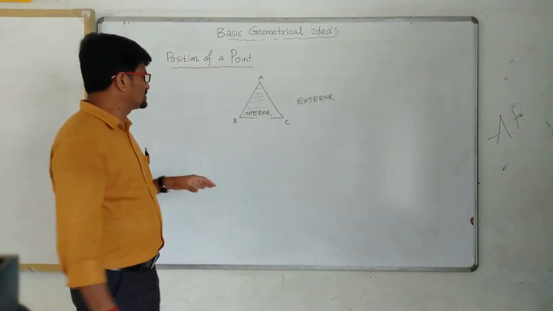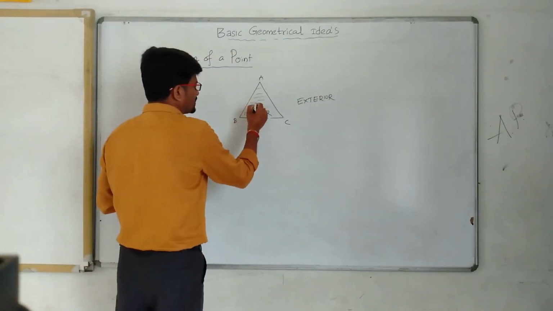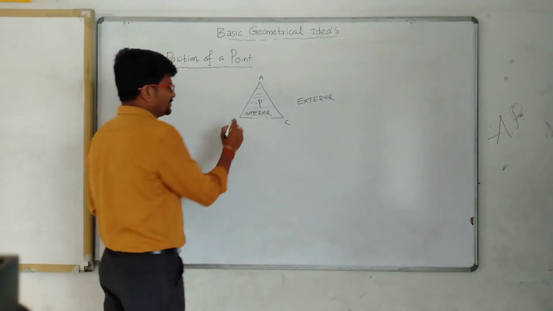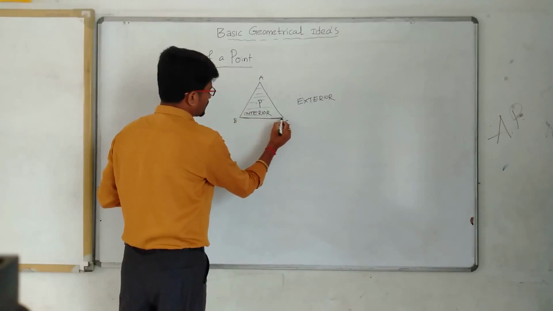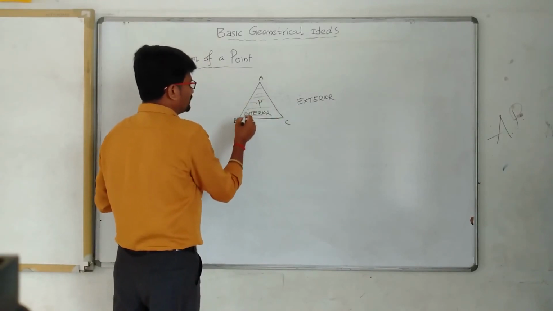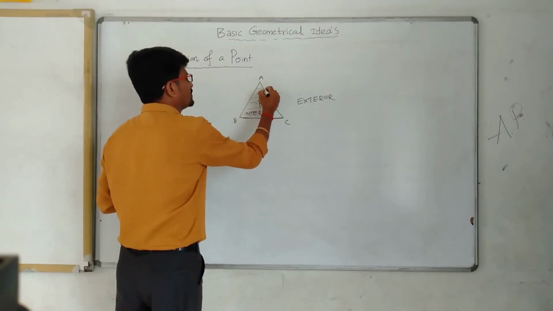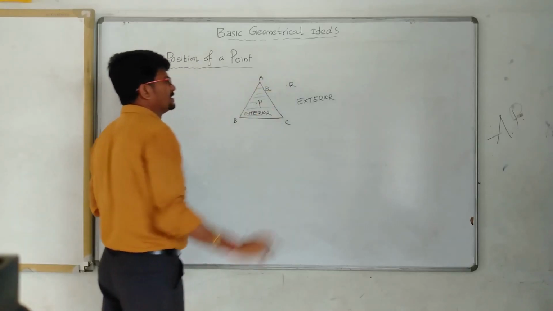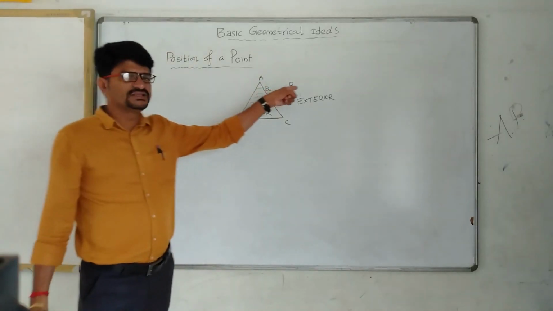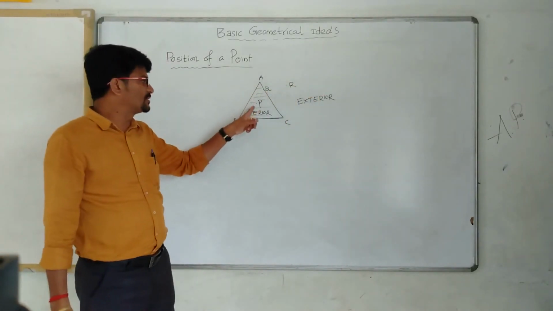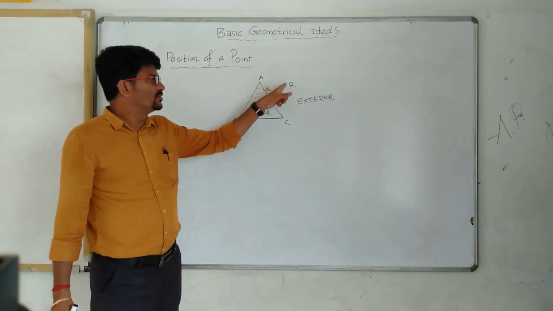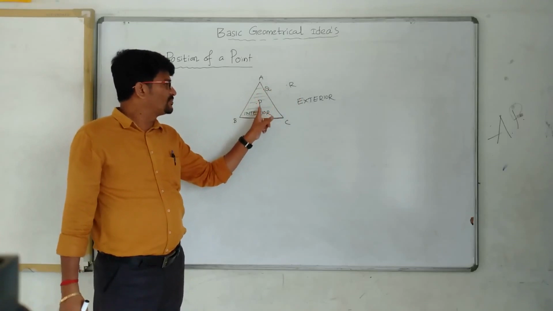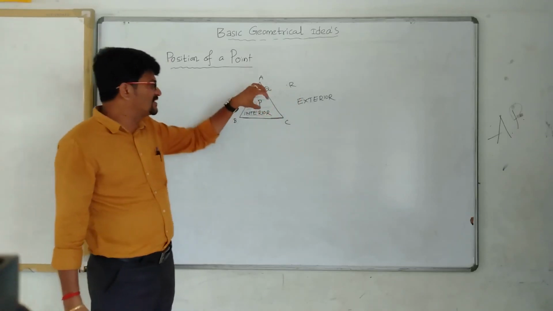For example, if I write a point P here, how can you describe point P? And if I write a point here Q and here R, here you can differentiate these 3 points: point P, point Q, point R. Where is point P located? Inside the triangle.